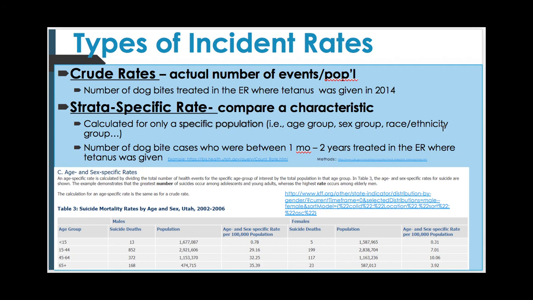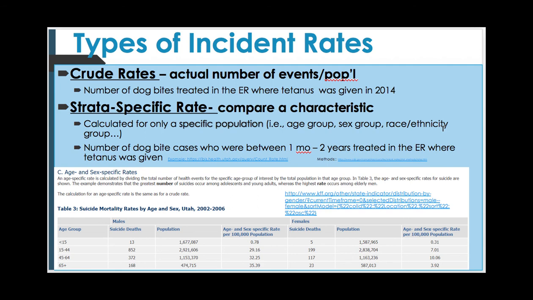And so in our example here, you can see suicide mortality rates by age and sex in Utah. We can do a comparison by age, and we can also do a comparison by gender.